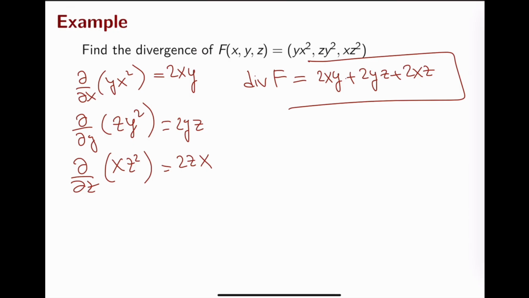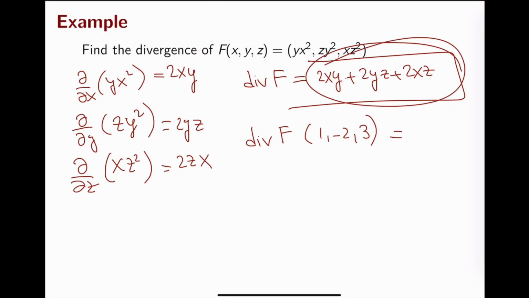This function is the divergence at each point. So if we want to calculate at a particular point, let's say, for instance, how much is the divergence of this vector field at the point 1, minus 2, 3. Well, let's pick up the function here and evaluate at 1, minus 2, 3, x, y, z.